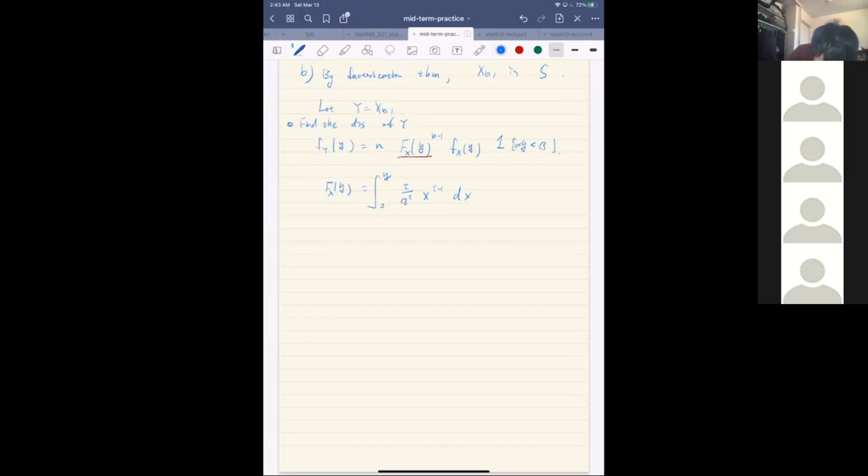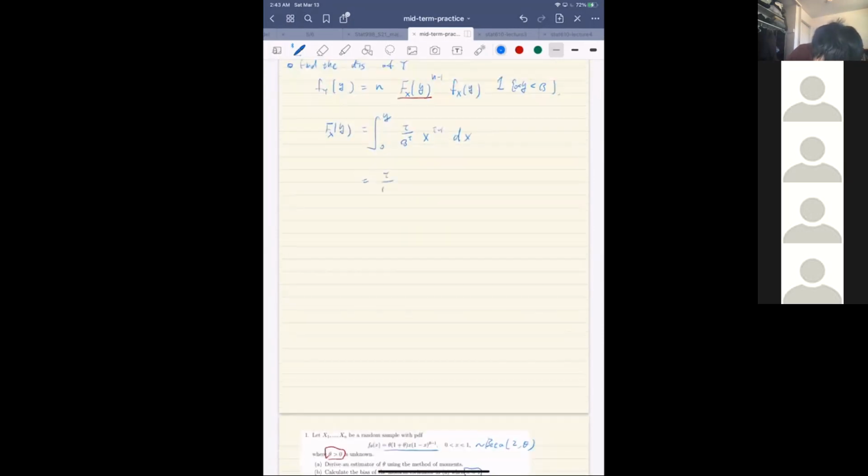So this should be tau beta tau x tau dx, from 0 to 1. So it should be beta tau y to the power tau.